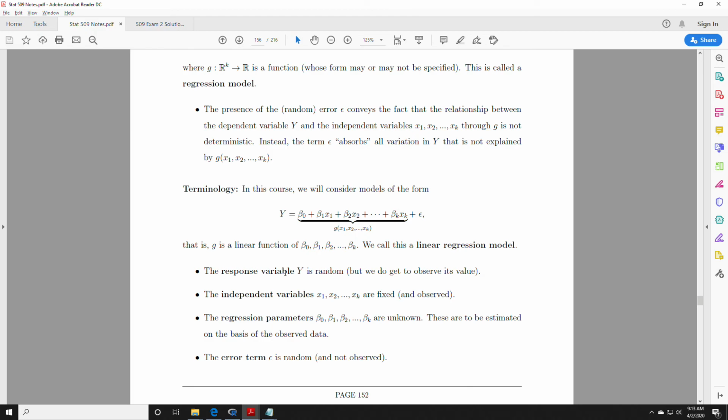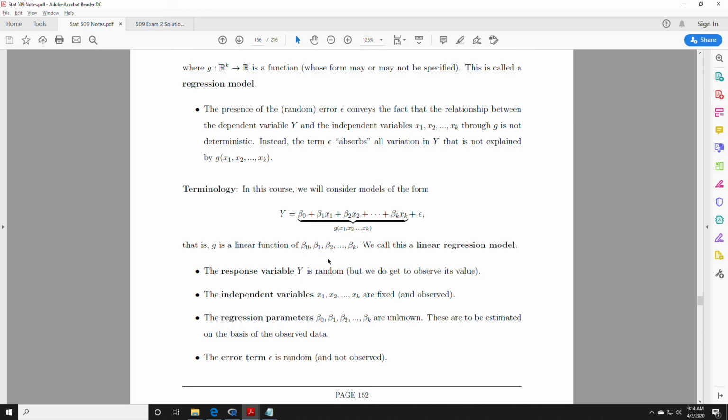Okay, so again, I said y is the response variable. These things have multiple names. It can also be called the dependent variable. It can also be called the outcome variable. It's just the variable that we're interested in. And these x's are called, as I said, independent variables, covariates, predictor variables.